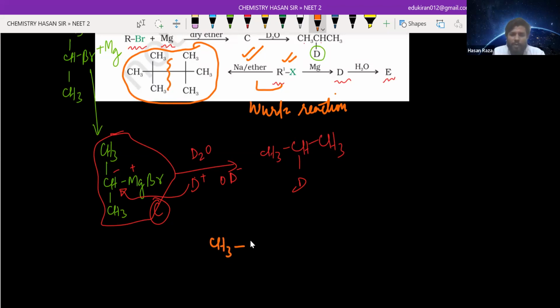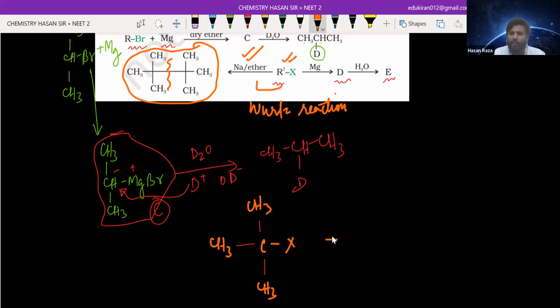It will be CH3 and then CH3 and then CH3. There is a C as well, like this, and there is this carbon. This carbon is with chlorine or anything, you can take X.